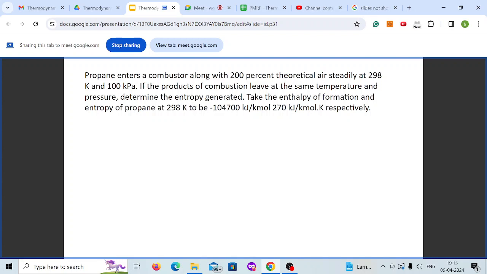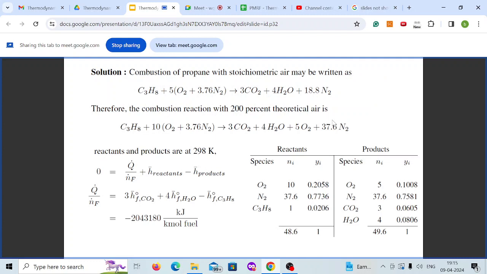Determine the entropy generated. So your product is also leaving at 298 Kelvin and 100 kilopascal. Take the enthalpy of formation and entropy of propane at 298 Kelvin to be minus 104700 kilojoule per kilomole and 270 kilojoule per kilomole Kelvin respectively. So we'll see how to solve this.